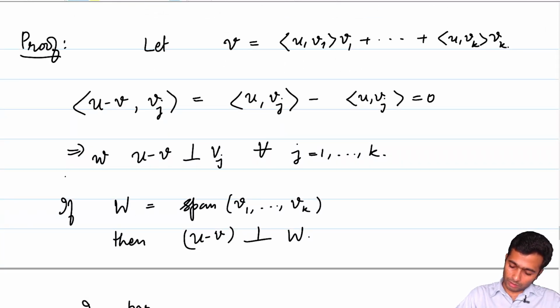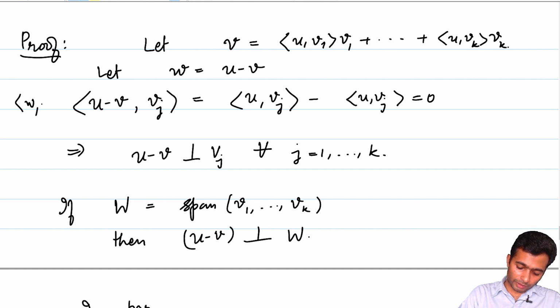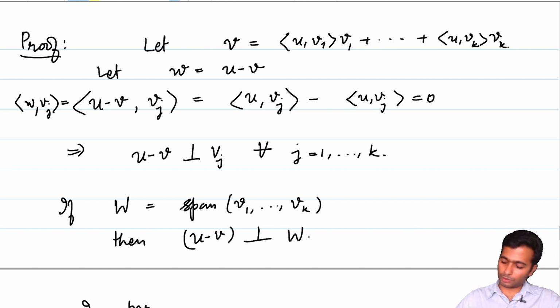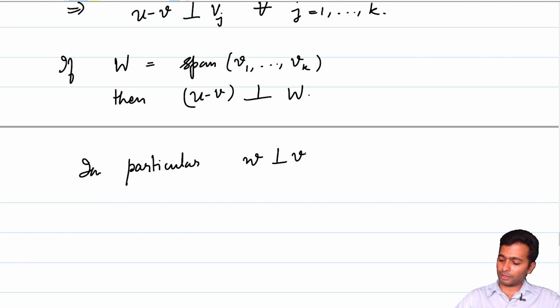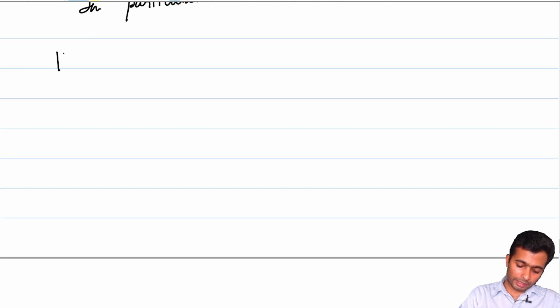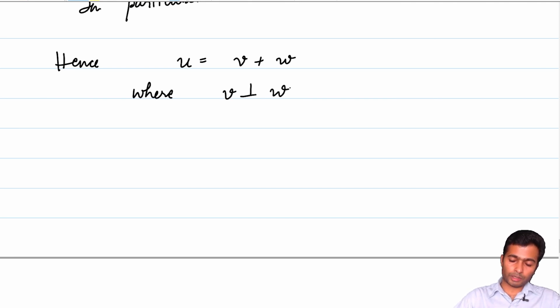Let w be equal to U minus V. Then the inner product of w with Vj is going to be this. So in particular, w is also orthogonal to our given V. So what do we have? We have hence U is equal to V plus w, where V is orthogonal to our w.